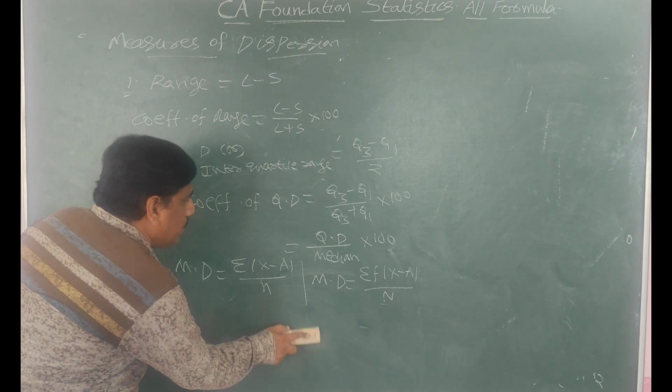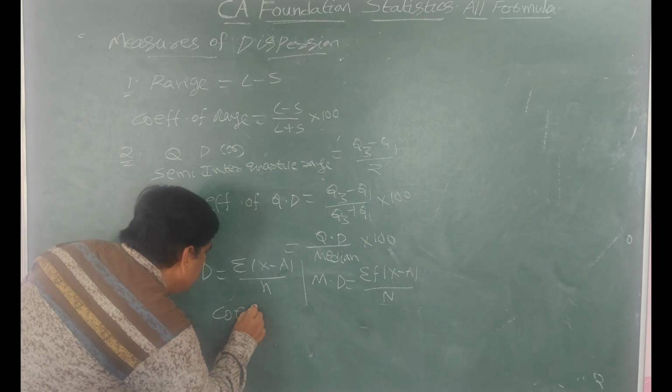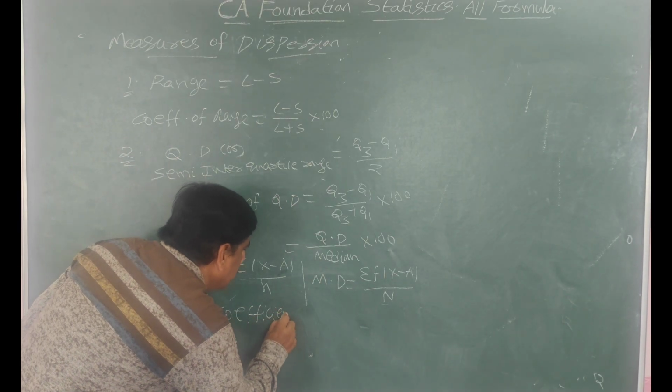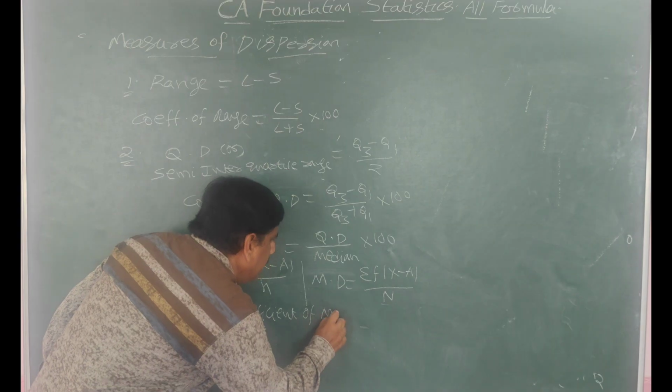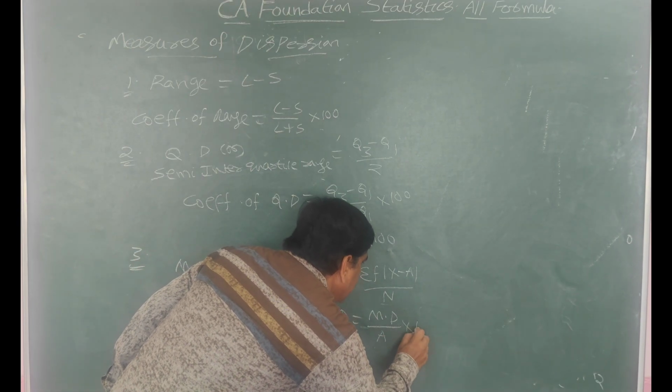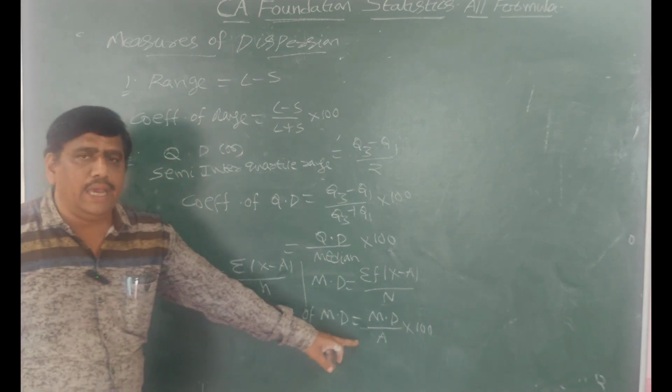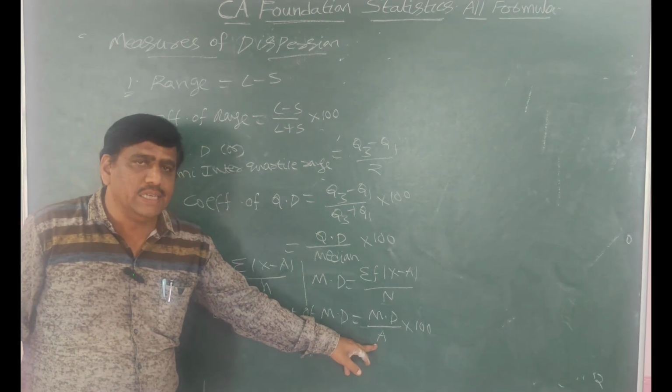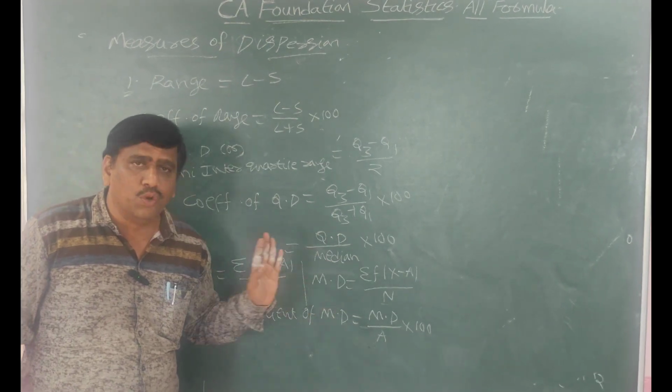Again, coming to coefficient of MD. It is a relative measure whose formula is MD by A into 100. Here, if it is computed with respect to mean, A is mean; with respect to median, A is median; with respect to mode, A is mode.